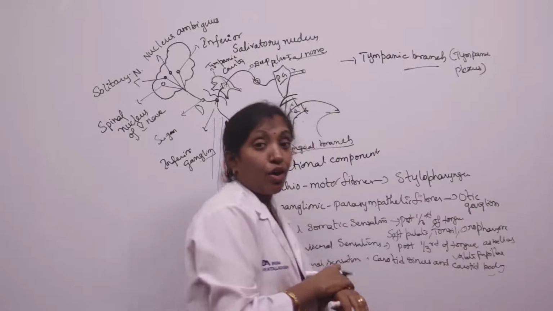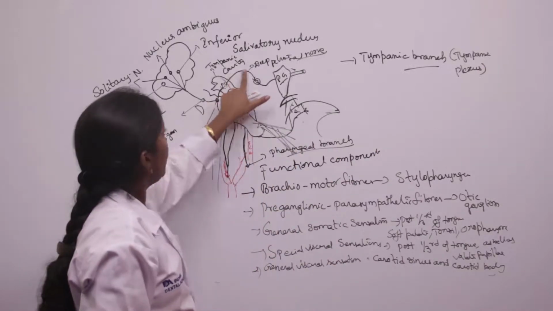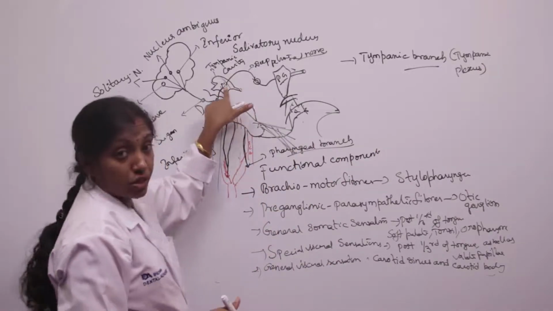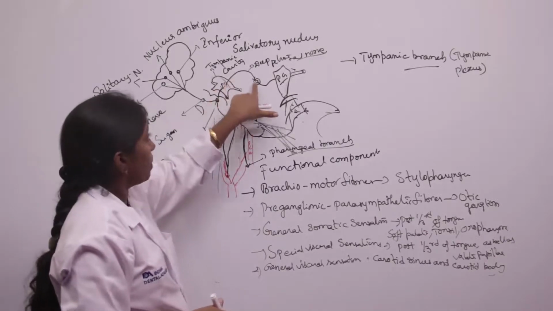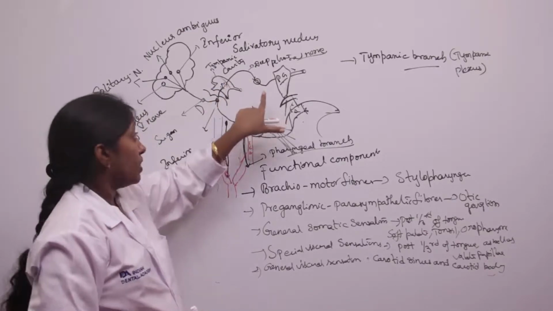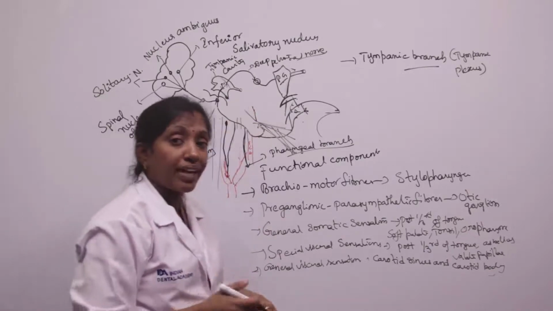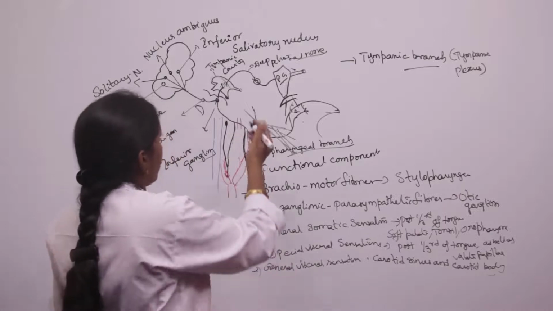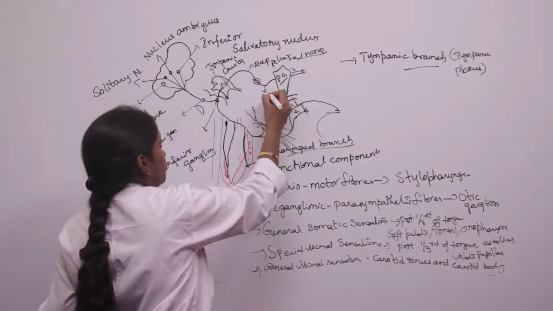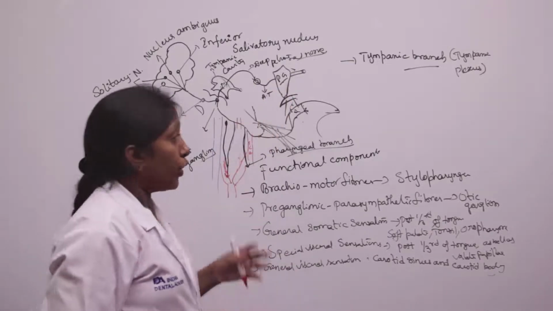From the tympanic plexus, the deep petrosal nerve arises. The deep petrosal nerve carries preganglionic parasympathetic fibers that relay in the otic ganglion, and the postganglionic fibers reach the parotid gland through the auriculotemporal nerve.